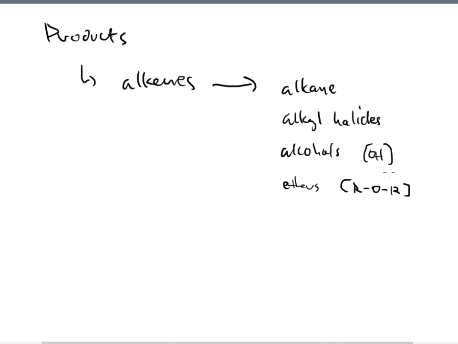And folks, this is just the beginning. There are so many different ways to make alcohols and to make ethers and to make alkyl halides, but we're only going to limit our discussion to alkene reactions, and that is it. No more. Just alkene reactions, and that's all. Okay.